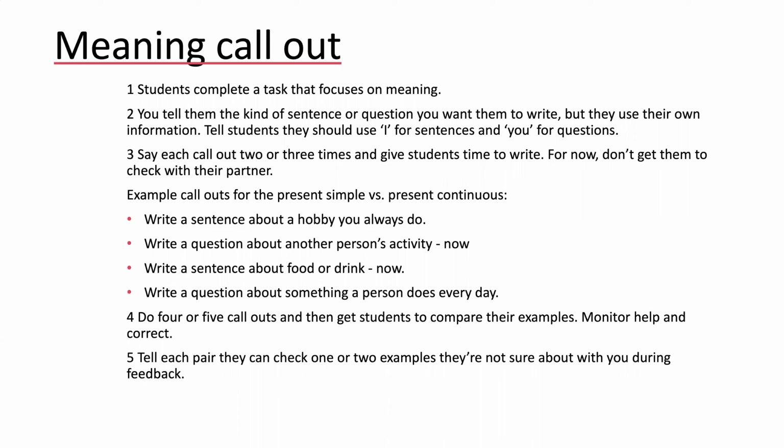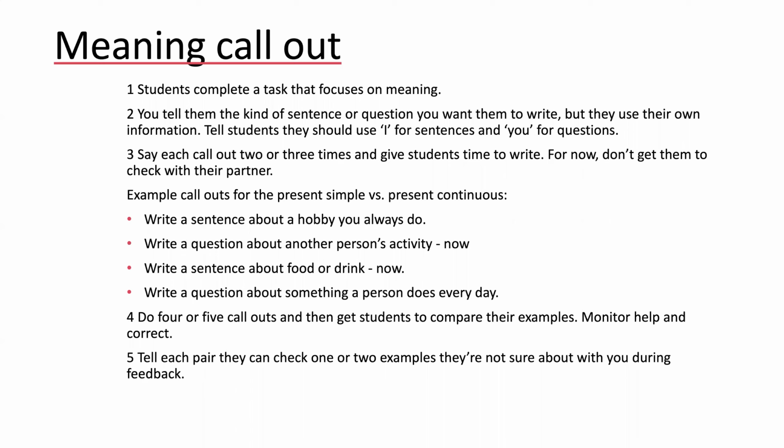As you can see, there are 4 examples here. This is a lesson where you would be teaching the present simple and then contrasting it with the present continuous. The 4 bullet-pointed call outs are what you say to students. Write a sentence about a hobby you always do.